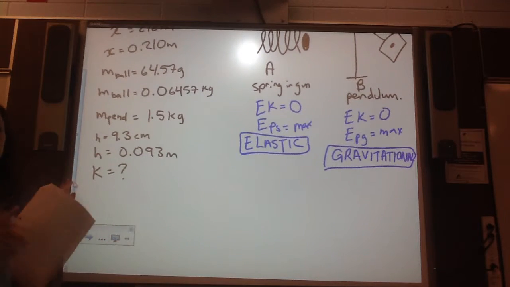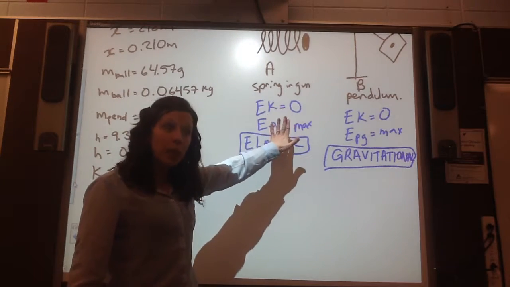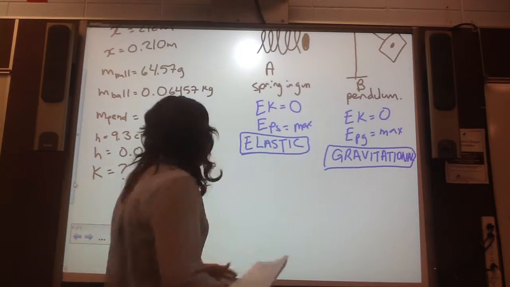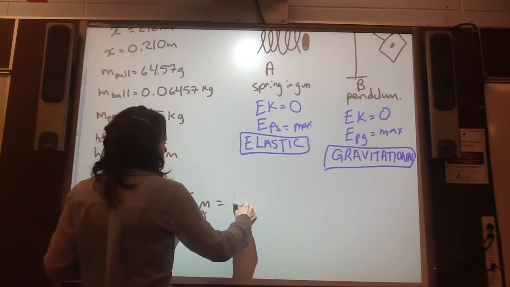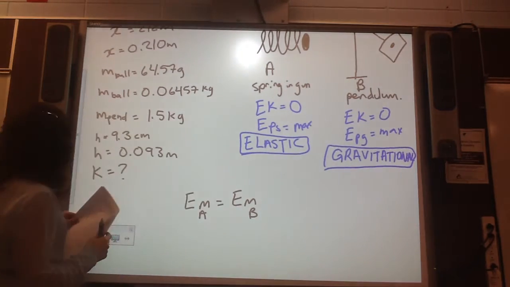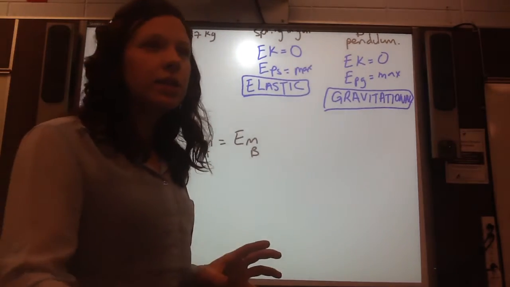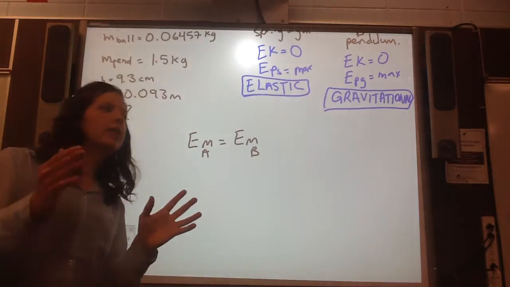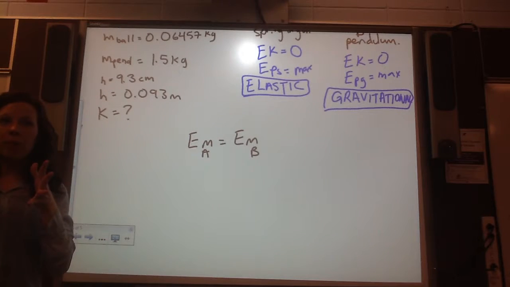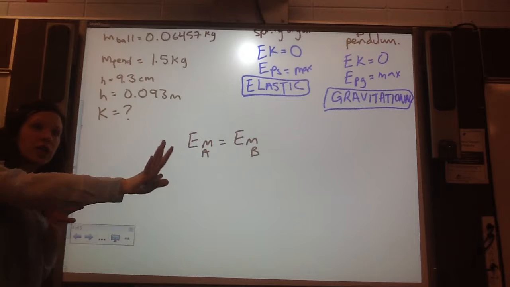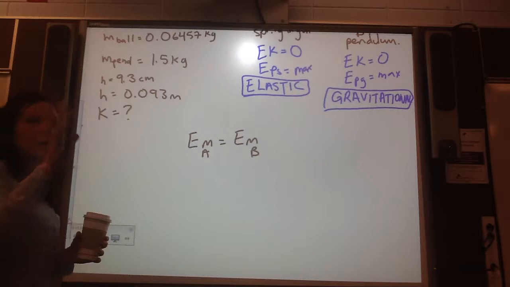Since we're assuming this is an isolated system, we can say EM at A is equal to EM at B. We're not looking at friction or anything, so we assume that all of the energy that the spring puts into that metal ball is being converted into kinetic energy and going into the pendulum and up. So we're assuming it's a perfect system.